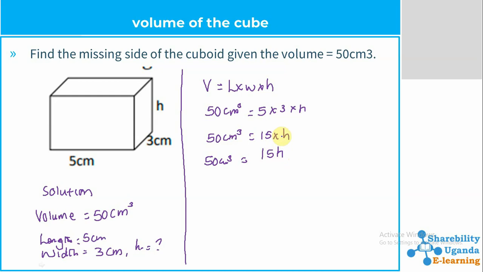When you multiply 15 by h, we get 15h, so we can now find our h.